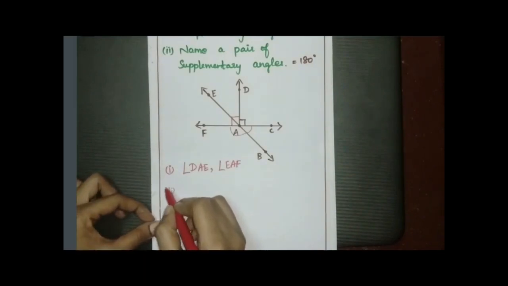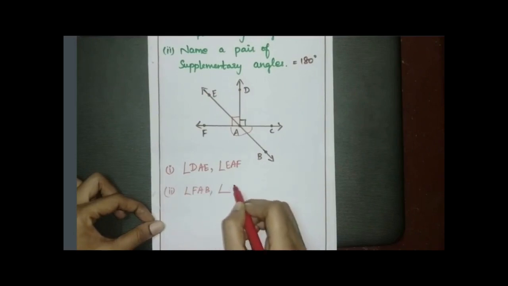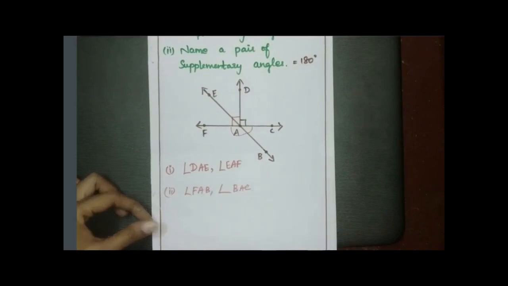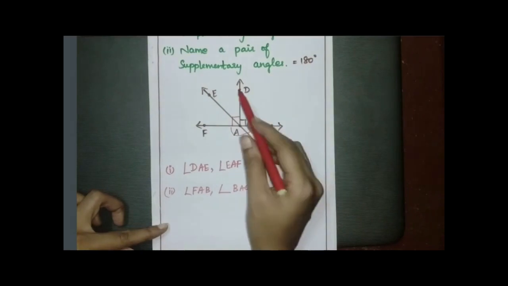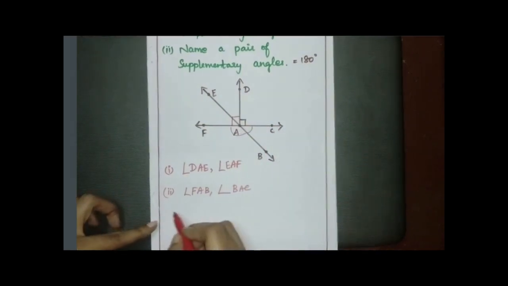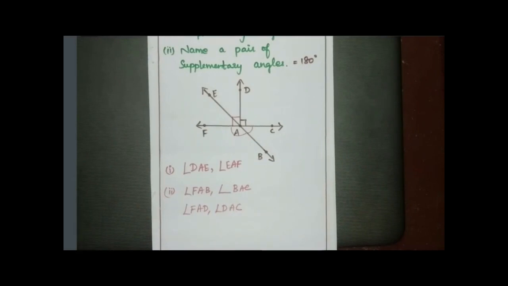So for the second one, angle FAB, angle BAC. Similarly, tell me the other pair, FAD and DAC. One more pair is there. Identify that pair and tell me the answer.